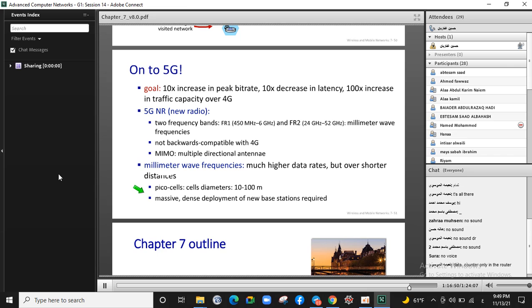What does it mean? It means that I need to deploy too many base stations in a city. If I'm looking to deploy 5G in my city, I have to deploy too many towers, too many base stations, because in 5G we are using picocells.